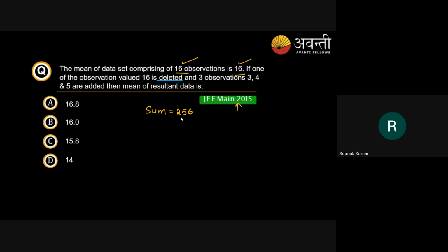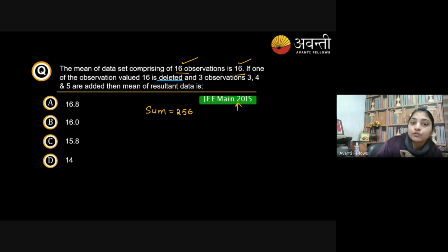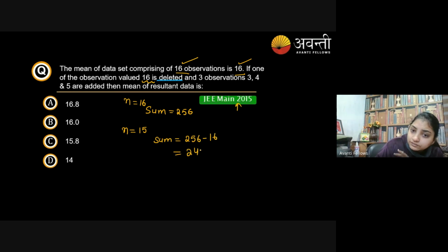Yes, ma'am. They said one observation whose value was 16 is deleted. It means when earlier n was 16, then if one observation is deleted, n is 15. And sum will be 256 minus 16. That means 240. Agree? Yes, ma'am.